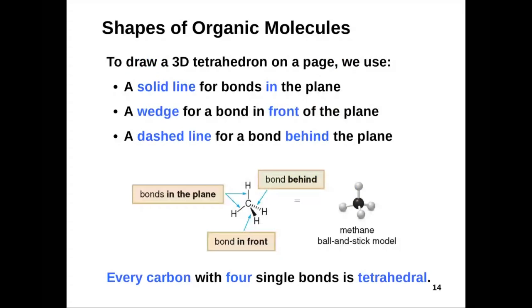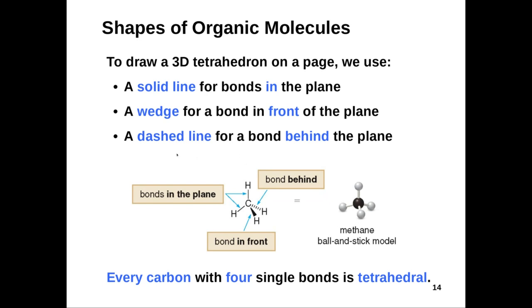Well, we do know that when we draw tetrahedrons, a solid line always dictates bonds that are within the plane. So when you're looking at the paper, it's up, down, left, right? Think about it like a compass on the paper. So that's what we mean by in plane. Now a wedge, a bold solid line here, is basically coming out towards you. Again, thinking about it on a flat piece of paper, it's coming out towards you.